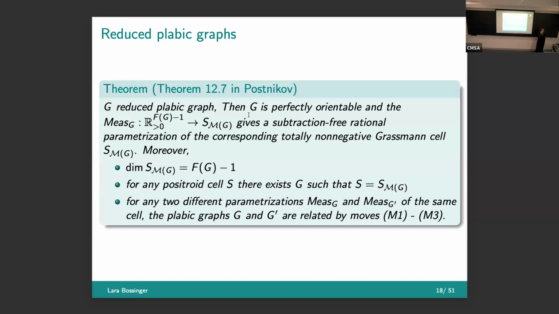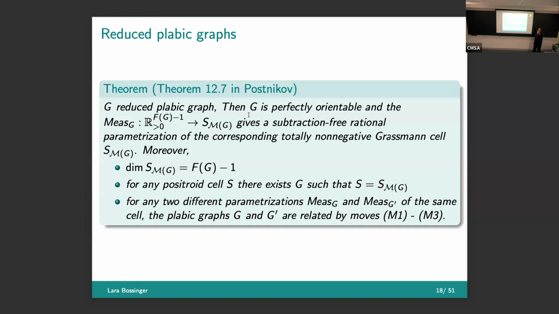I'm asking if you can get the closure, or just the open part. I think about the totally non-negative Grassmannian as being the closure of the totally positive Grassmannian. But let's say you have some positroid cell that's actually smaller, and you get other positroid cells in its closure.